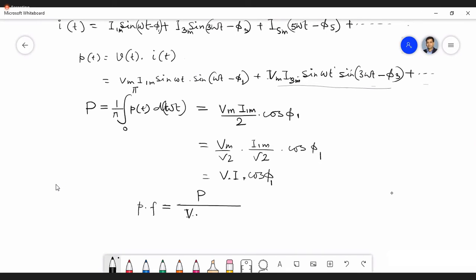That you can write as V I1 divided by V into I RMS. So V will cancel out. You will have I1 by I RMS.